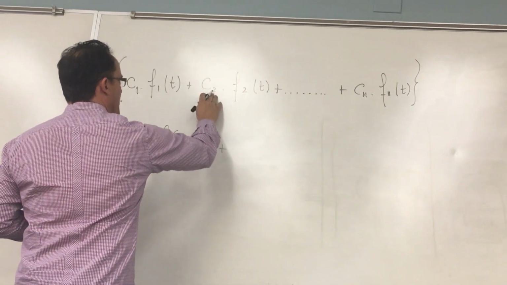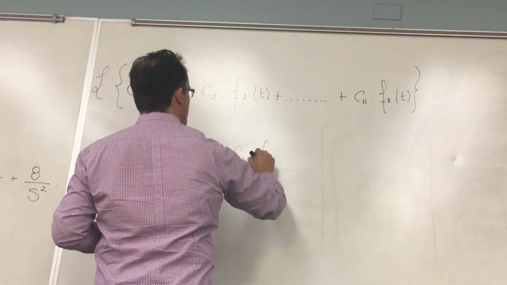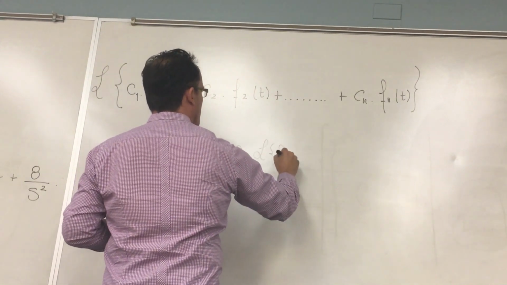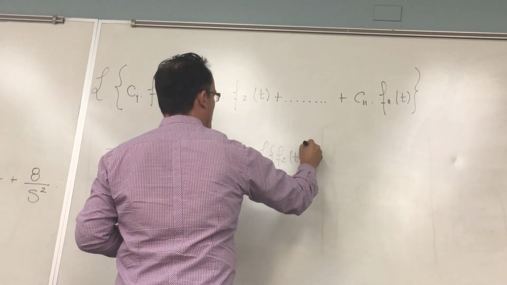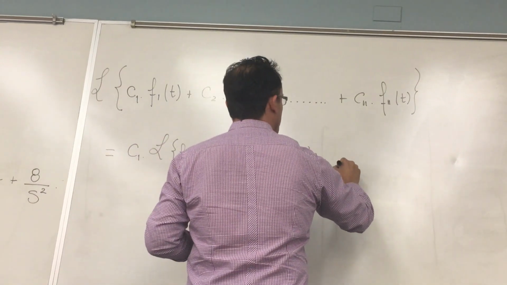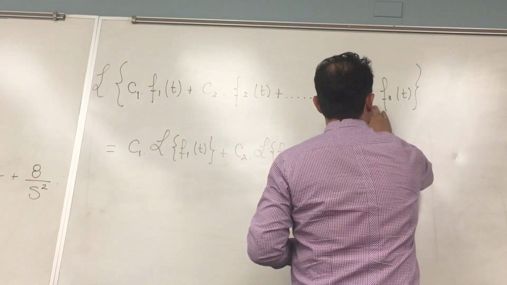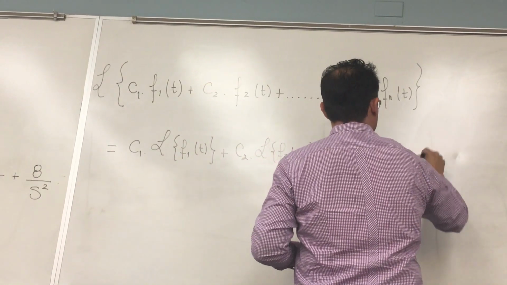Plus, pull out the second constant, Laplace transform of the second. Remember, we are assuming that each one of these Laplace transforms exists. Plus dot, plus the last constant, pull it out, and take the Laplace transform of it.